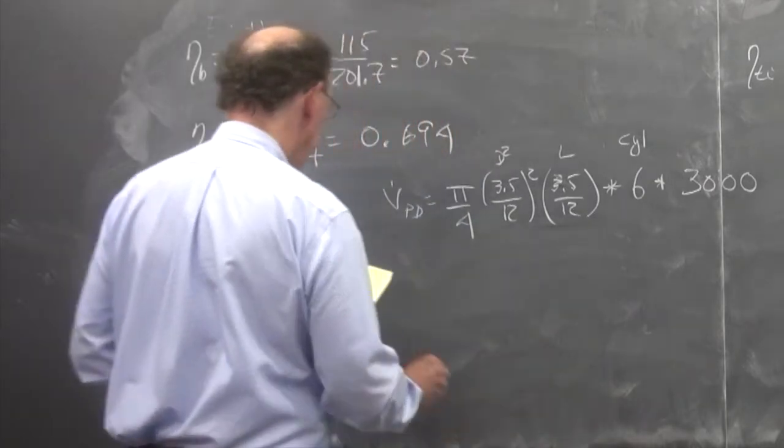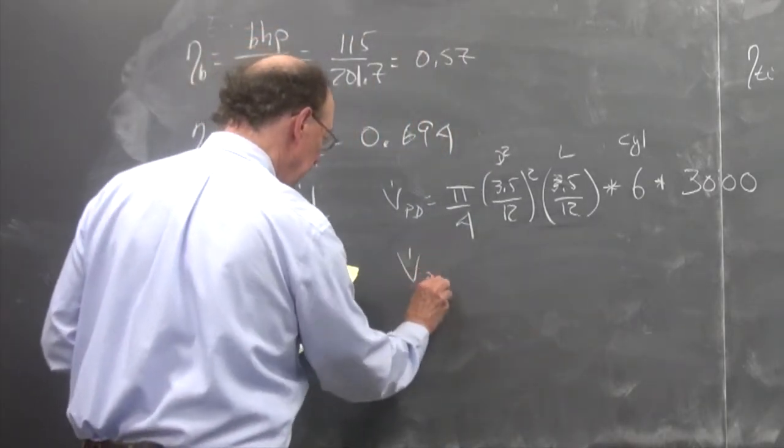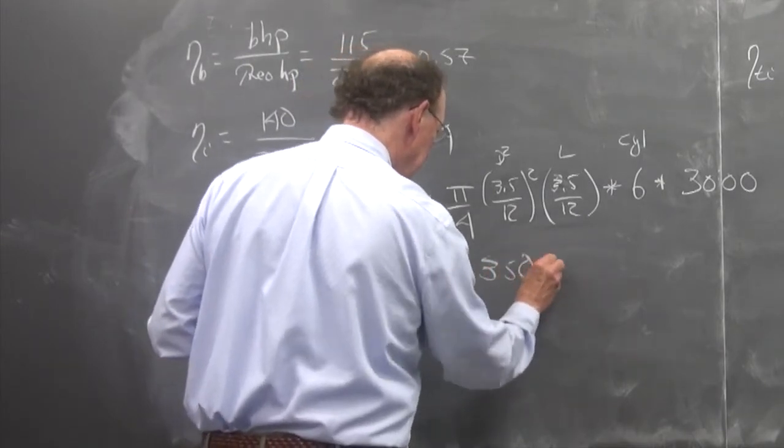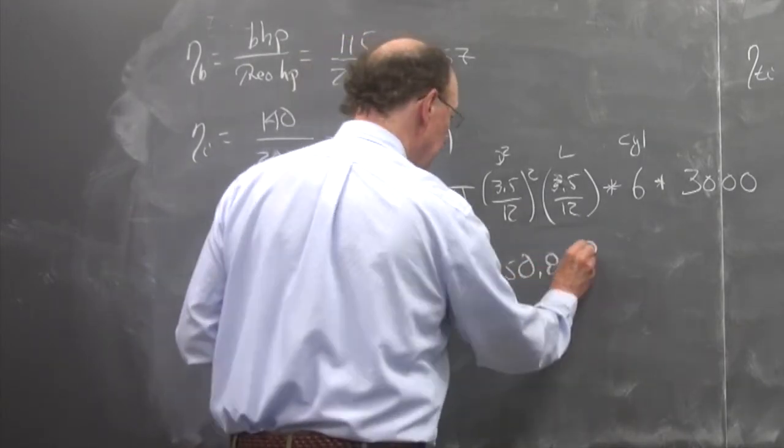And with that, we get that V dot sub PD is equal to 350.8 cubic feet per minute.